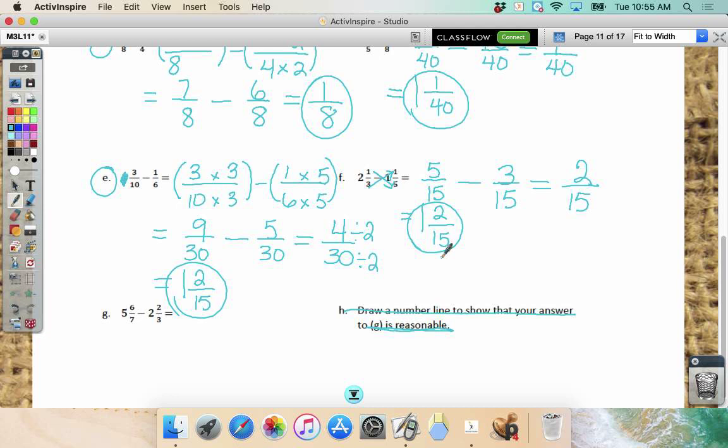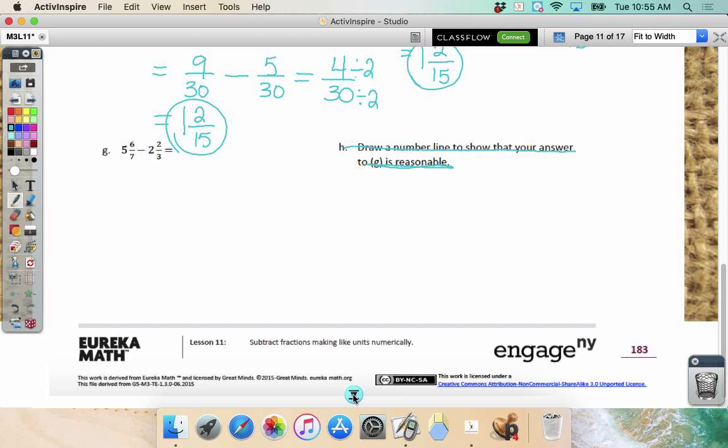Okay, so let's look at this bottom one here. It's a little different. How is it different? It's still option 1. But how's it different? The whole number's going to be a what? 3.